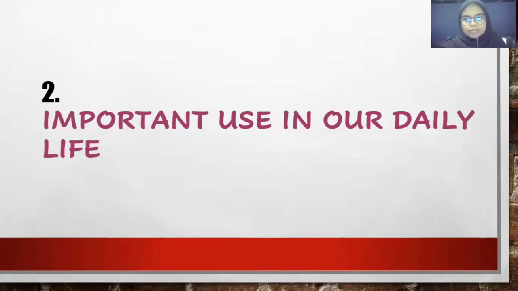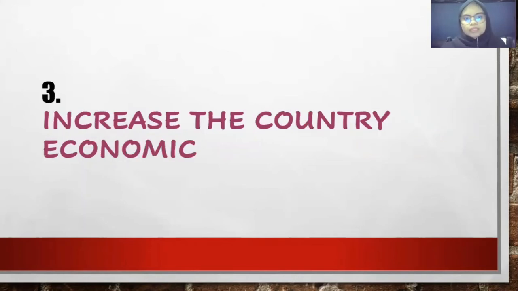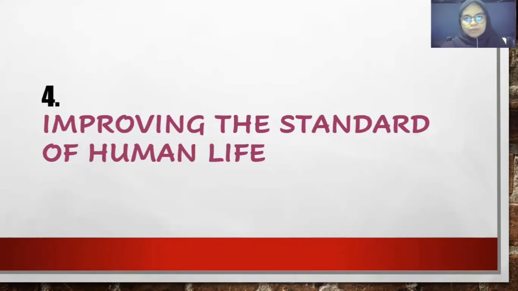As we know, everyday items that we use are very closely related to electrical machines, such as washing machines, blenders and vehicles. Third, they increase the country's economy. And lastly, they improve the standard of human life, because we can apply the things that contain many electrical machines, and we can emphasize the importance of electrical machines to others.